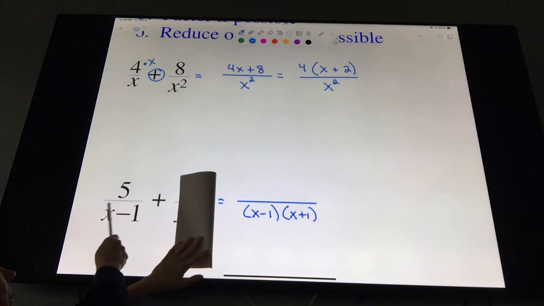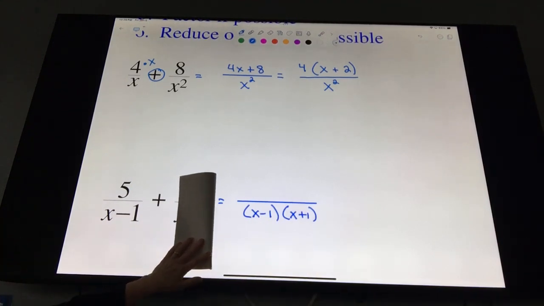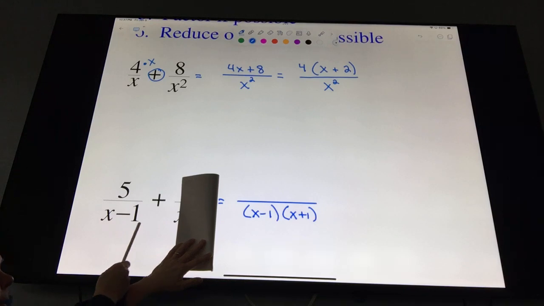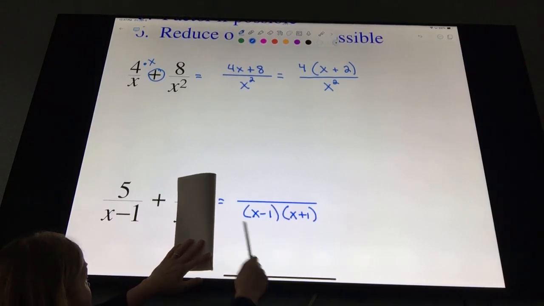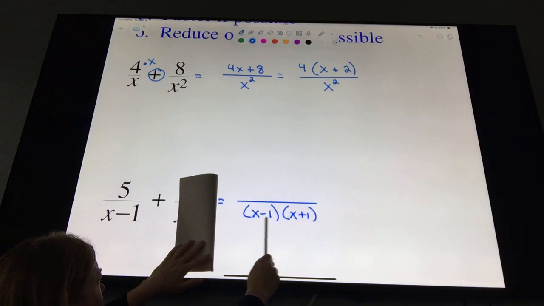So when I look at this denominator and I compare it to this denominator, what's missing? What does this say? X minus 1. What does this say? X plus 1.